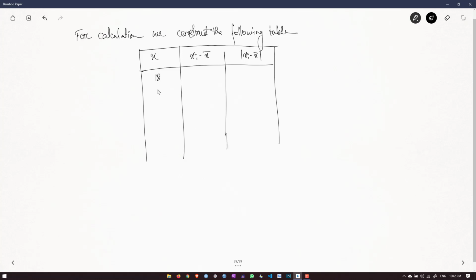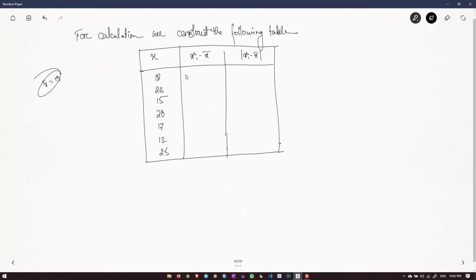The values of x are 18, 26, 15, 20, 17, 12 and 25. These are our data. X bar is 19.